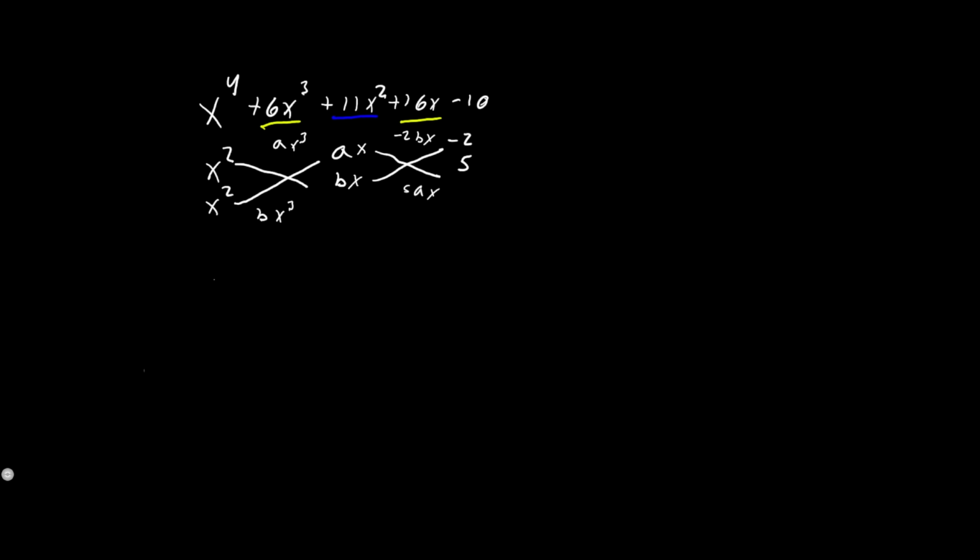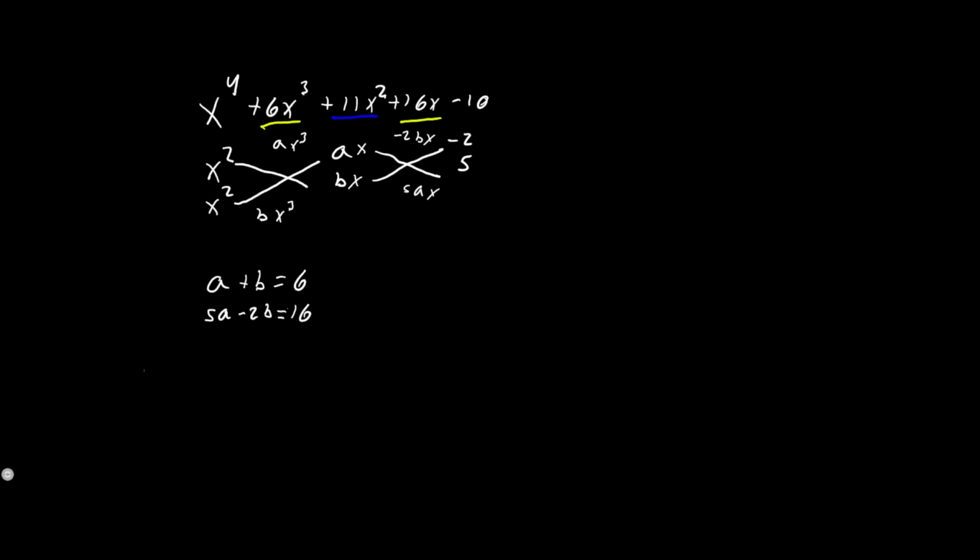So we have our system of equations: a plus b is equal to 6, and 5a minus 2b is equal to 16. And we could find numbers rather quickly by just looking at a and b.